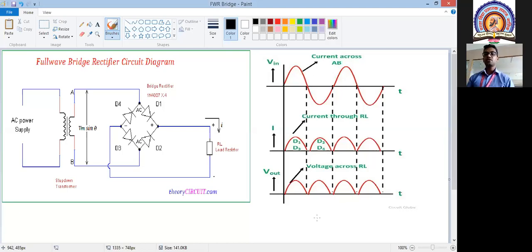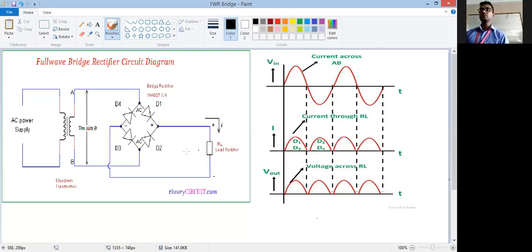You can see the screen. It is clearly shown, the circuit diagram of the full-wave bridge rectifier.